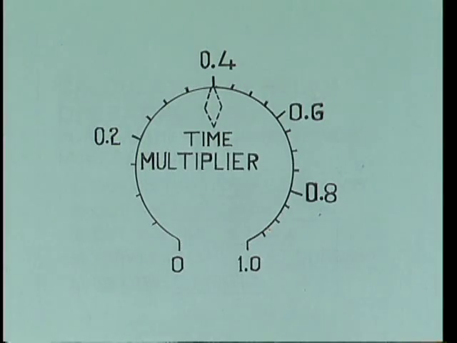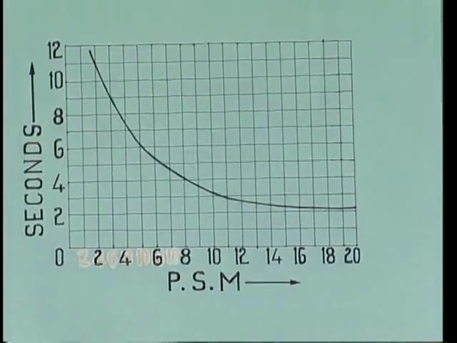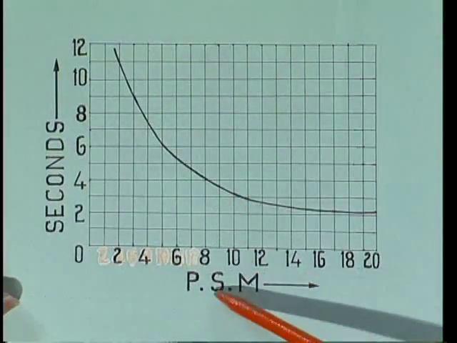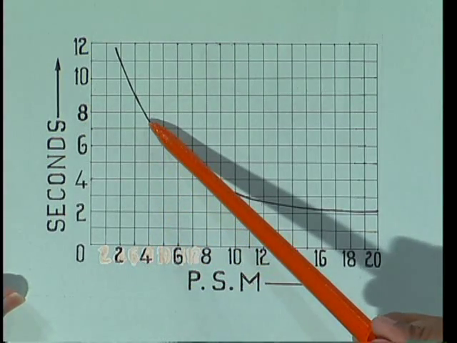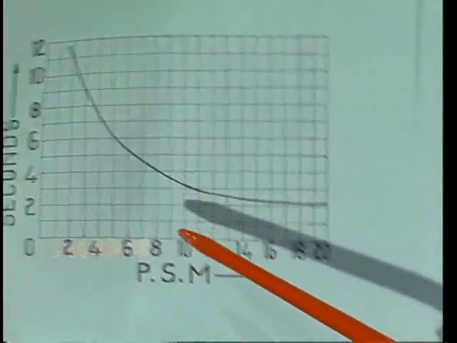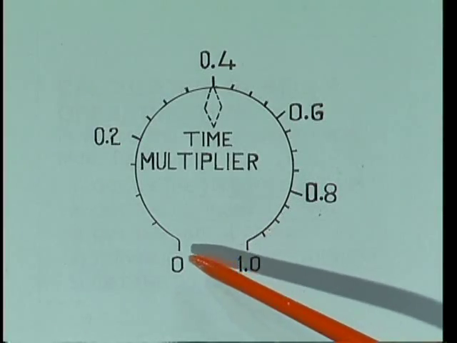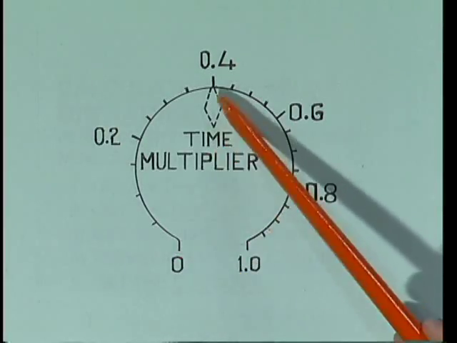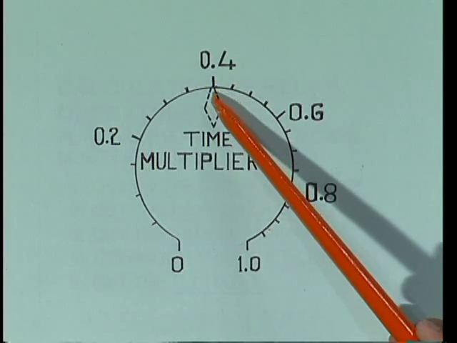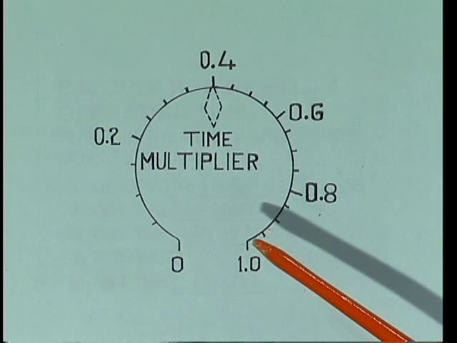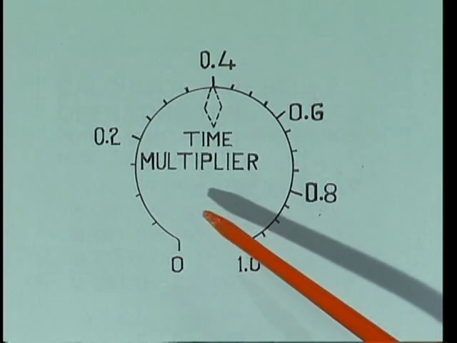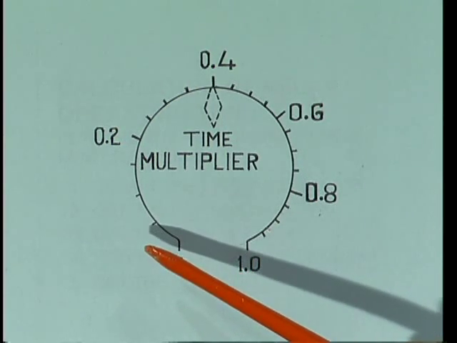See in the figure. Here, according to PSM 4, the time of operation is 7.5. So the actual time of the relay is equal to 7.5 into this plug setting, that is 4. 7.5 into 4, that is the actual relay operating time. So the actual relay operating time is 3 seconds.